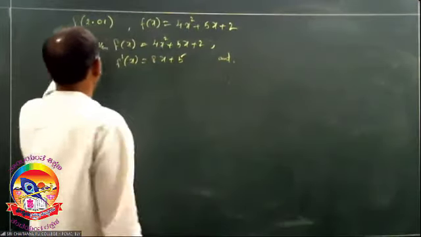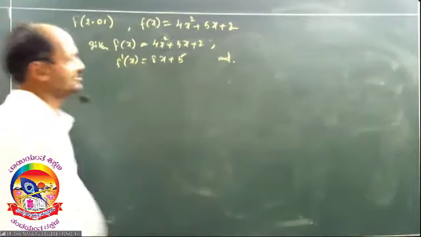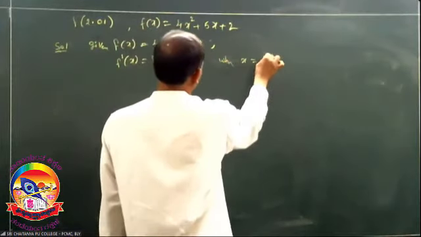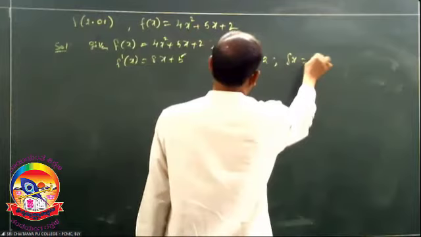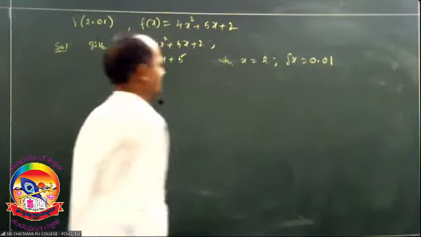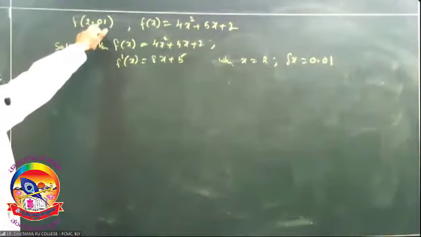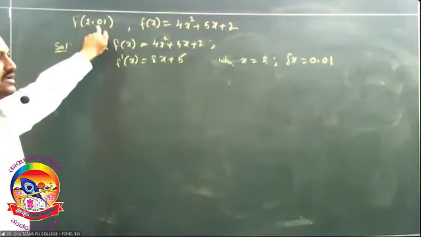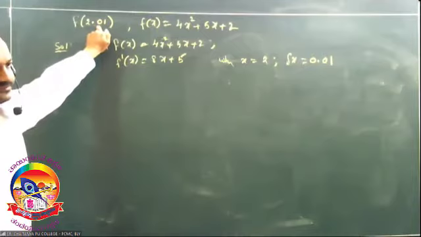Now find f(2.01), where x is 2 and delta x is 0.01, that is, x value 2 and its error value 0.01.